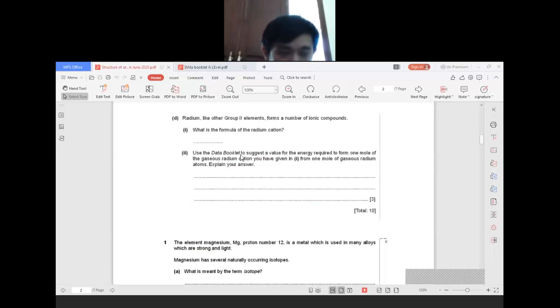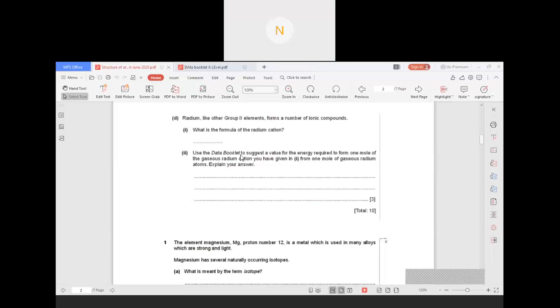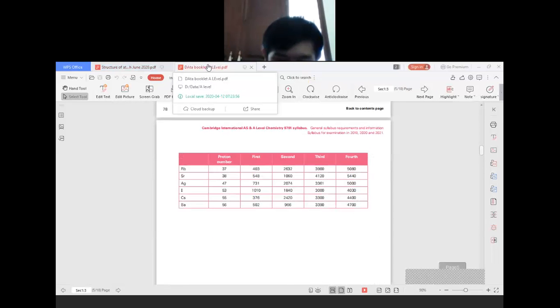Second, or third? Second. So if there is a first and there is a second, what is the value of the second ionization energy of radium?